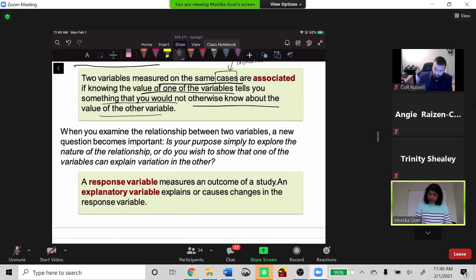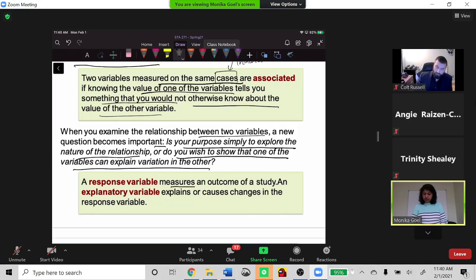When you examine the relationship between two variables, again, a new question comes: is your purpose simply to explore the nature of the relationship? Or do you wish to show that one of the variables can explain variation in the other? If we are looking if there is an association going on, or if we are looking if one is explaining or causing the change in the other, then we need to study which one is my explanatory variable, which one is my response variable.